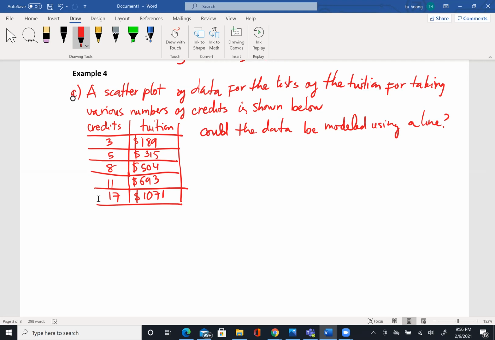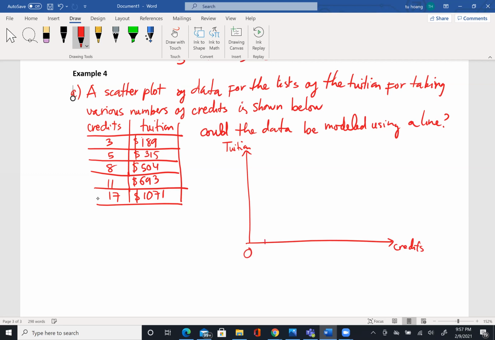If you draw the graph, say the vertical axis is tuition, and the horizontal is credits.